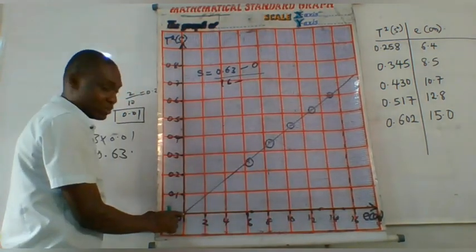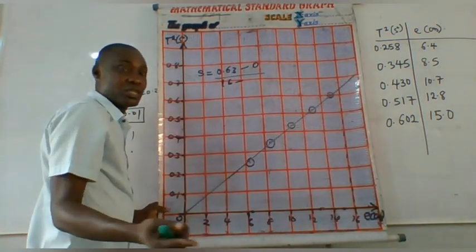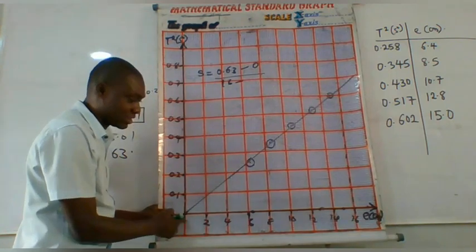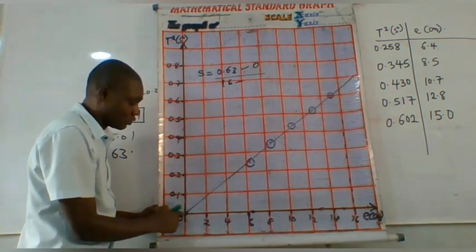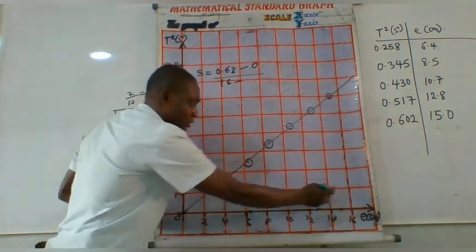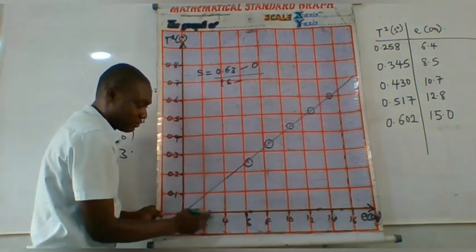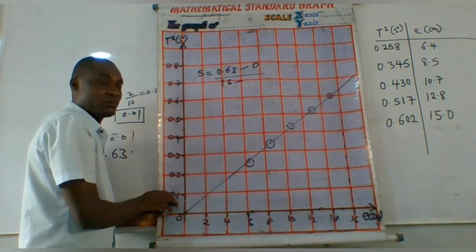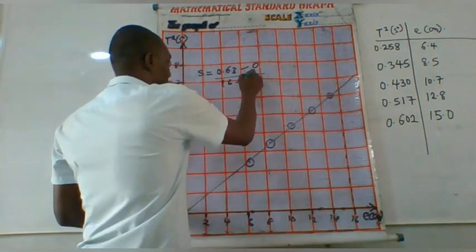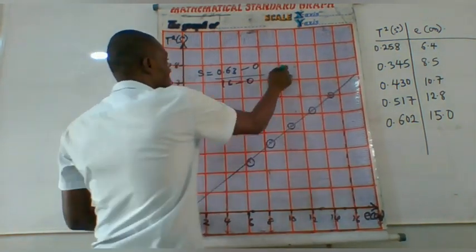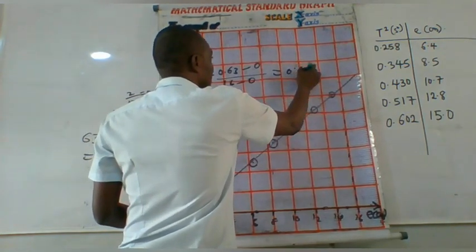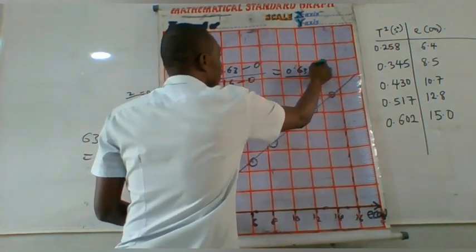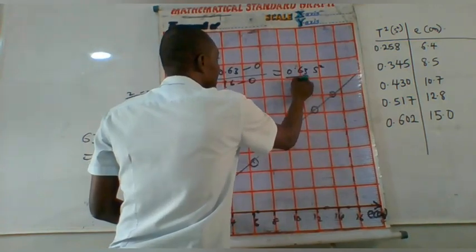Now remember I drew to the x-axis. Now this I'm drawing to the x-axis because this actually touches this. If it doesn't touch it, please do not draw it to the x-axis. You can just draw it to this point and draw it through this point and read off this point here, and also read off this point. Okay? Minus 0. So this is going to give me 0.63. The unit of this is second square divided by 16 cm.